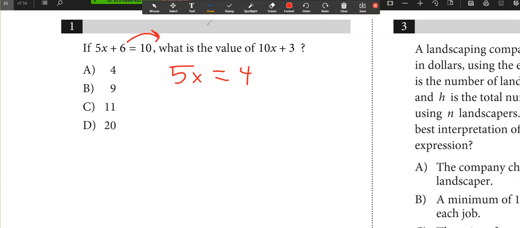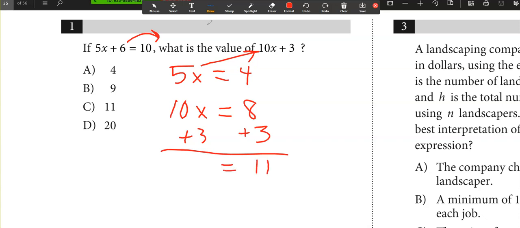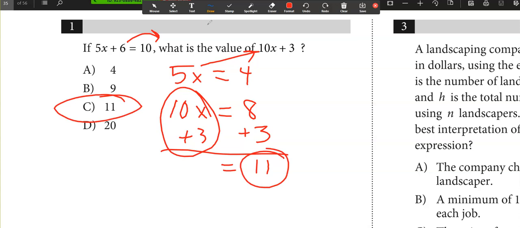That's what they teach you to do in every geometry class and every algebra class and blah blah blah. Well, the relationship I see is to double both sides and get 8, and then add 3 to both sides, and then I get 11. So I get 10x plus 3 equals 11, and so that's my answer.